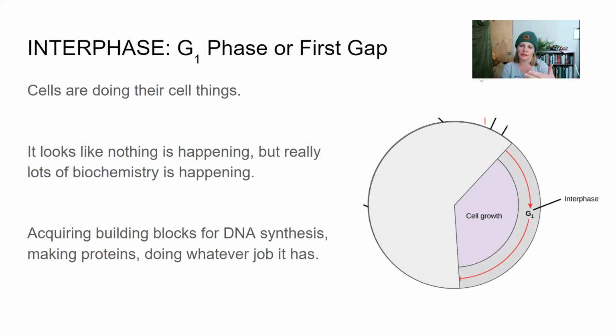Under the microscope, it doesn't look like much is going on. They're acquiring building blocks for DNA synthesis, getting those nucleotides ready, making proteins, and doing whatever the job of the cell is.